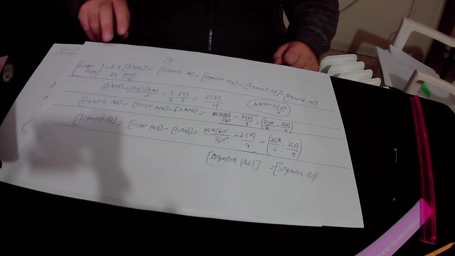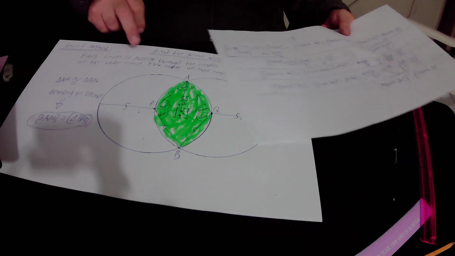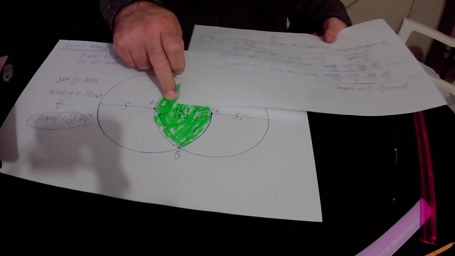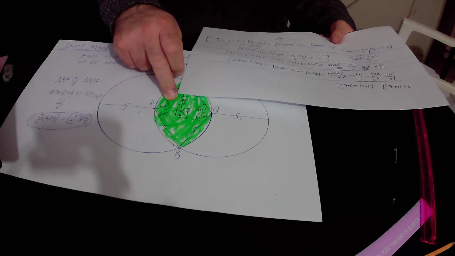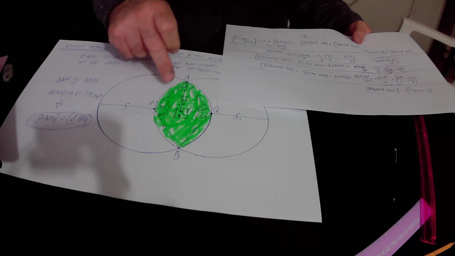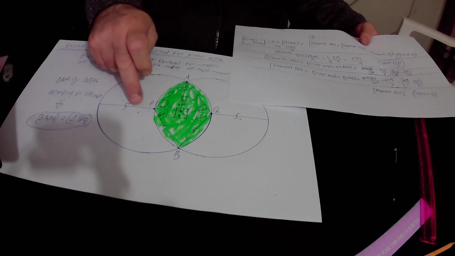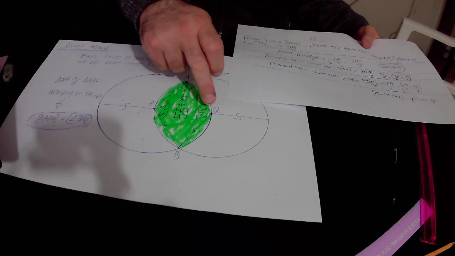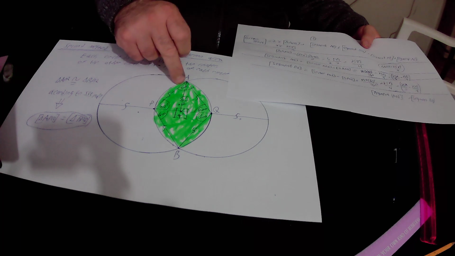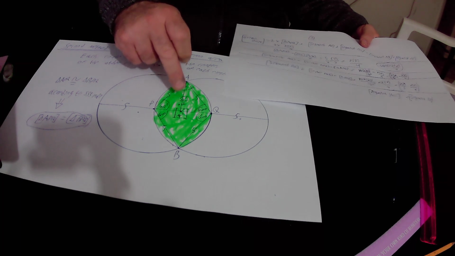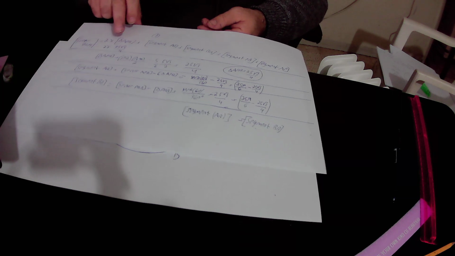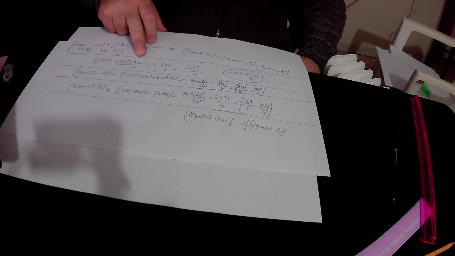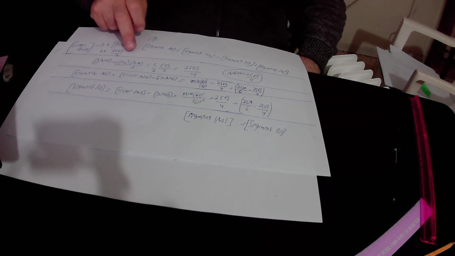Okay, so the area of this triangle APQ will be equal to the base of the triangle, that is PQ, times the height, that is AM, divided by 2. PQ equals 5 units.